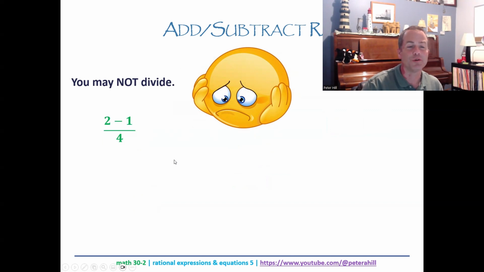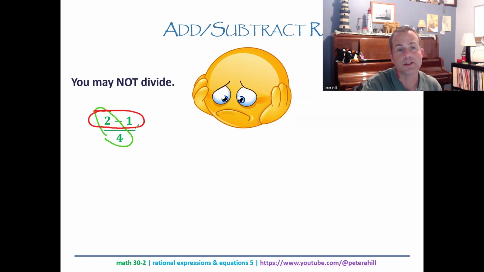2 minus 1 over 4. You cannot do anything with that 2 and the 4. Okay, don't look at this and say, oh, I can reduce that fraction. No, you can't because the 2 is connected to the minus 1. Okay, I know that looks silly because it's just numbers, but we're going to go through some with factors as well here.